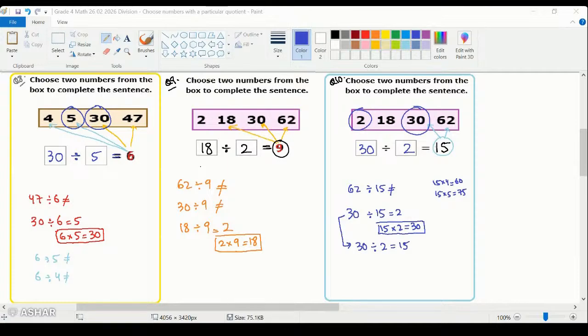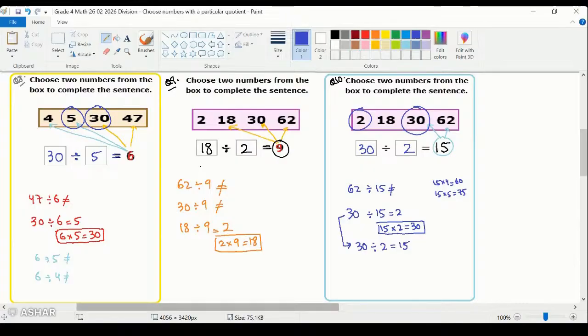Okay. Let's have a look at another example. The statement is given differently. Now they want us to write a sentence and use the word quotient, right?